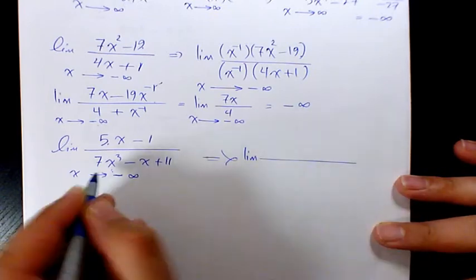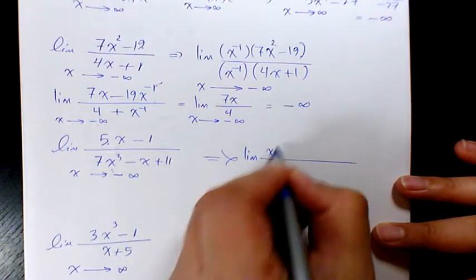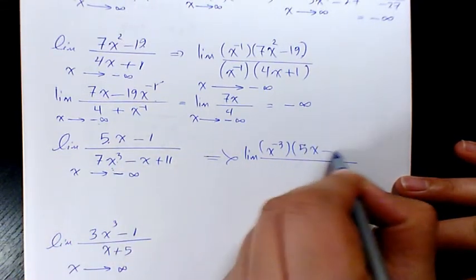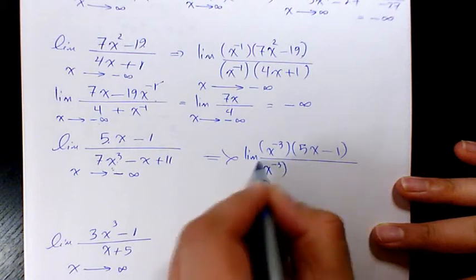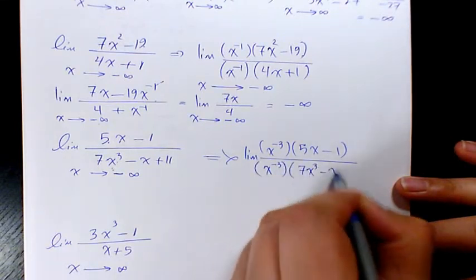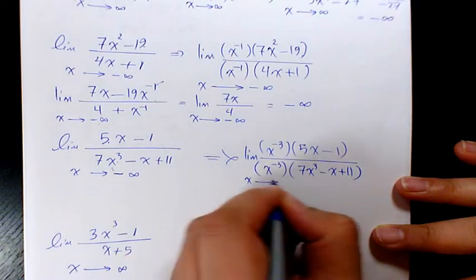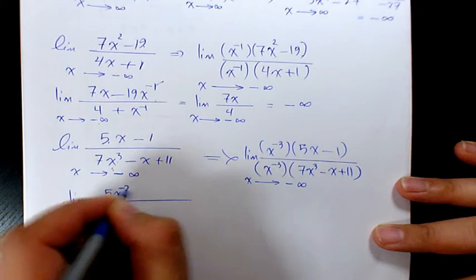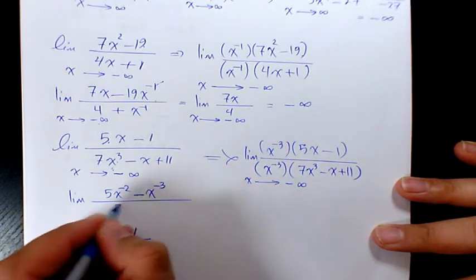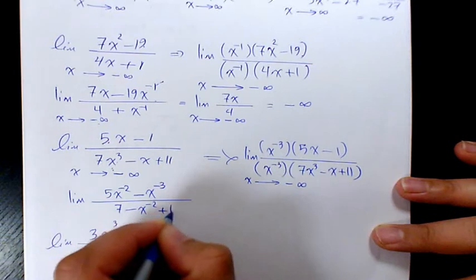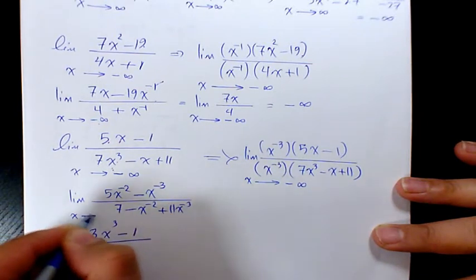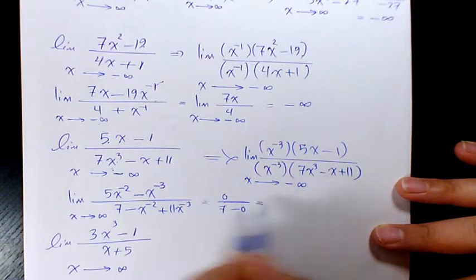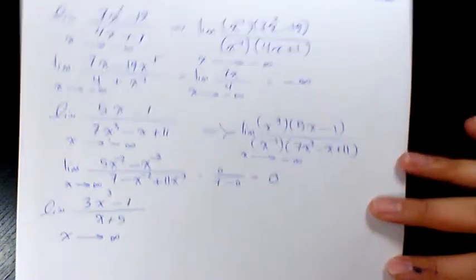I need to multiply both numerator and denominator by x to the power of negative 3, which is the largest exponent in the denominator. So that's going to be 0 over 7 minus 0, which is going to be 0 over 7, and that's going to be equal to 0.